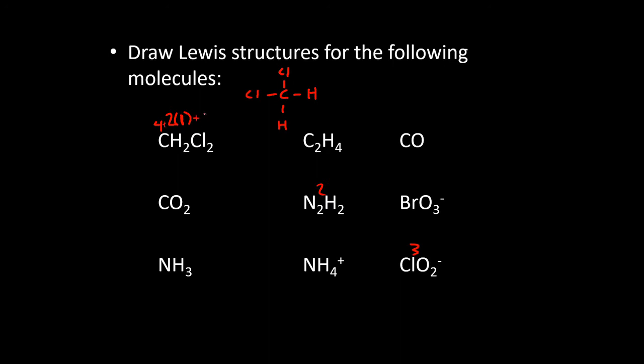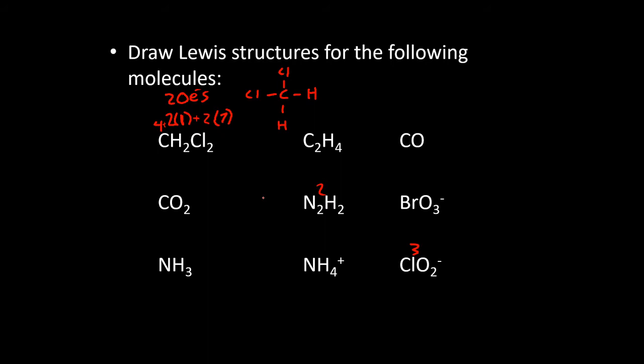We also have 2 chlorines, and chlorine is in column 17, which means it's going to have 7 valence electrons. So if we add all of these together, we have 14 from the chlorines plus 6 from the other atoms. That gives us 20 electrons total to put into our Lewis structure.